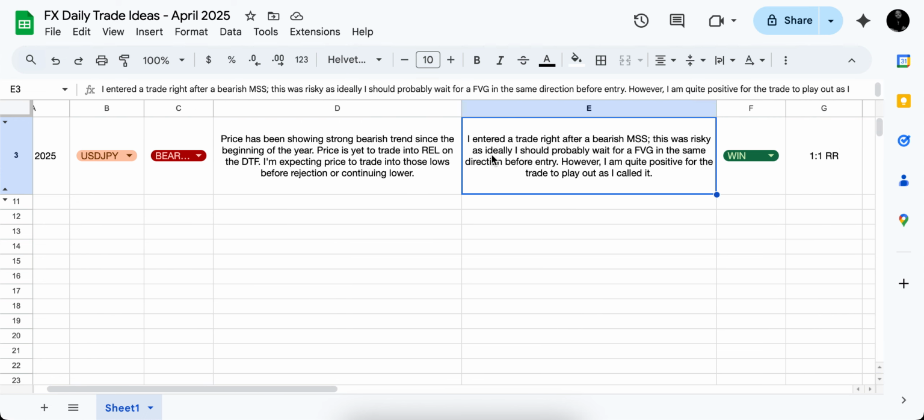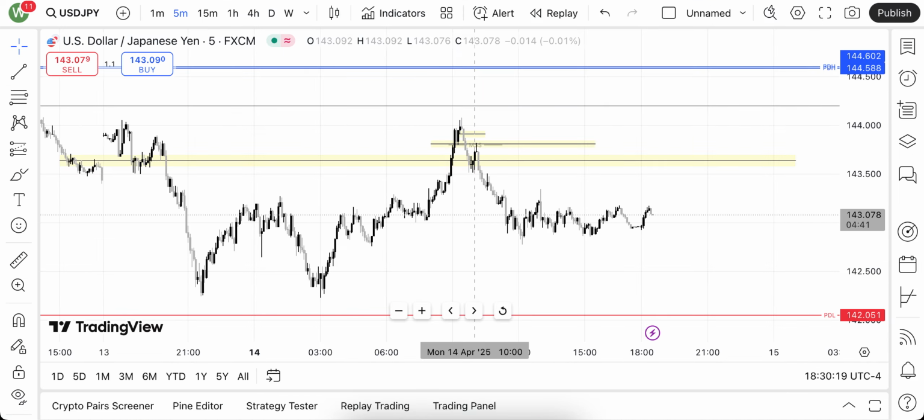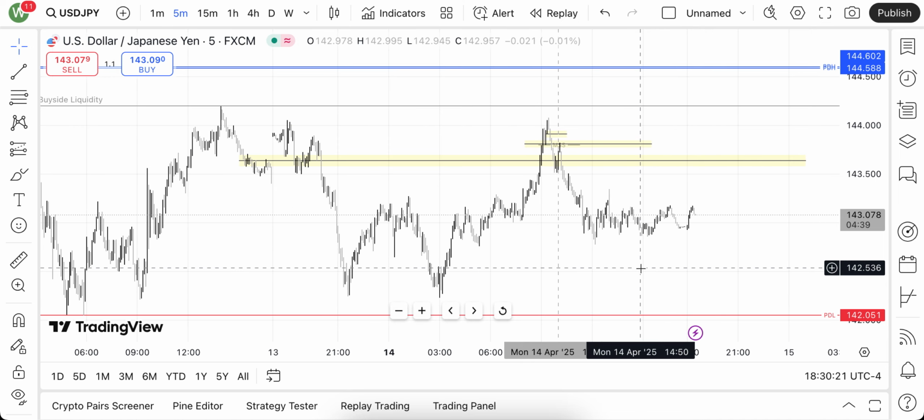In executing the trade, I entered right after a bearish market structure shift. This was risky, as I should wait for a fair value gap in the same direction before entry. However, I was quite positive for the trade to play out as I called it, and it did play out for a 1 to 1. Obviously, this was another example of trading daily bias.